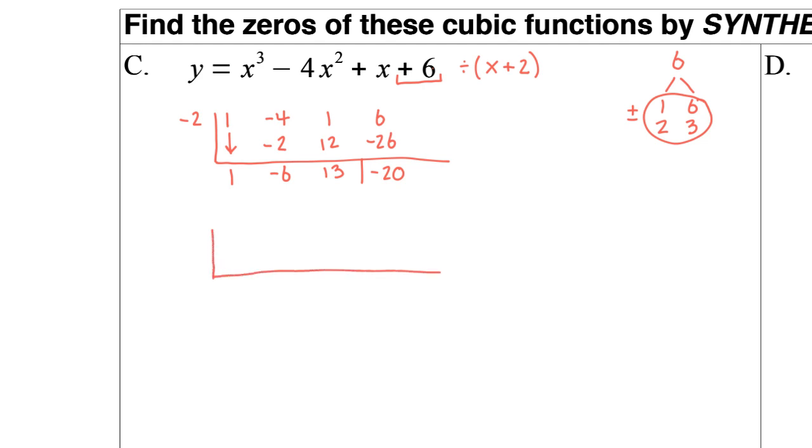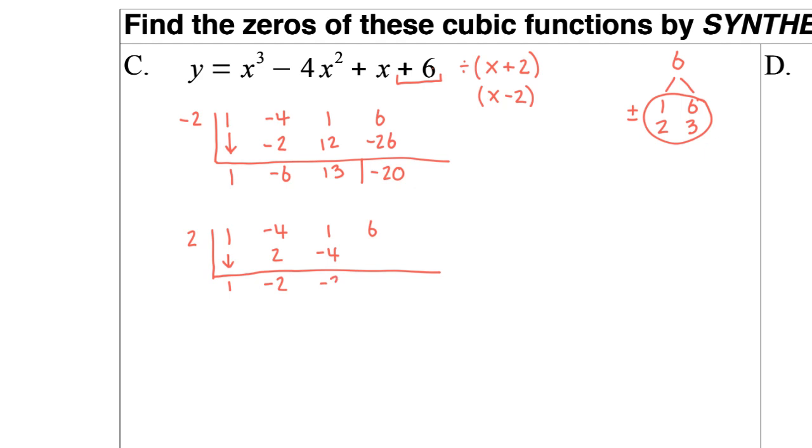Why don't we try x minus 2? For this one, we're going to bring a positive 2 down. Do the same exact setup. So bring this 1 down. 1 times 2 is 2. Add those together and get -2. 2 times -2 is -4.